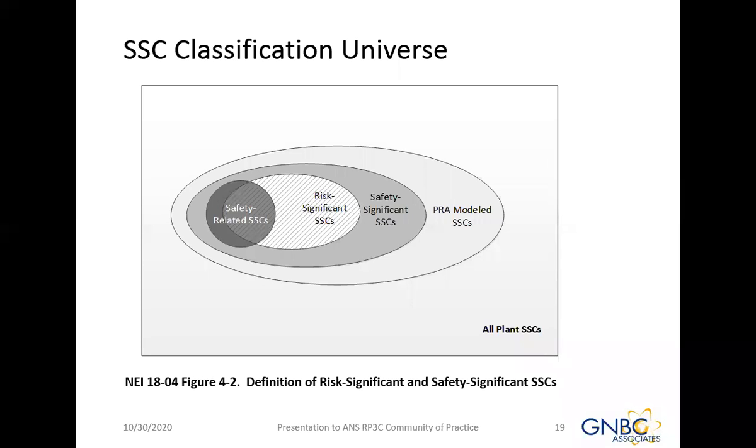It also talks about safety significant SSCs, and it's important to recognize that safety significant SSCs are things that are added to risk significant SSCs. They are beyond, if you will, the domain of potentially becoming safety related, with a couple of exceptions, but they are principally added for defense-in-depth reasons.